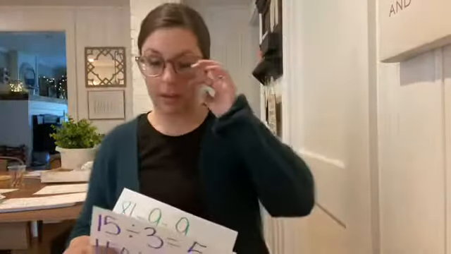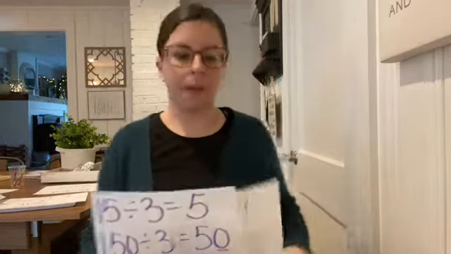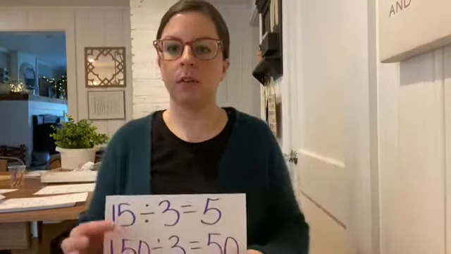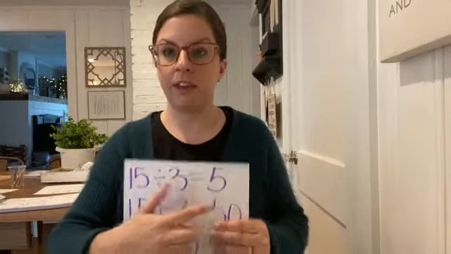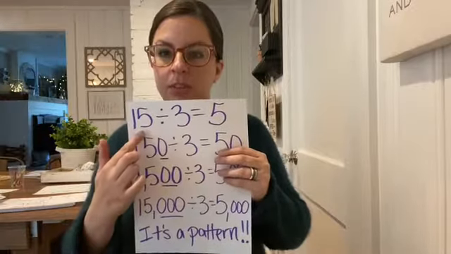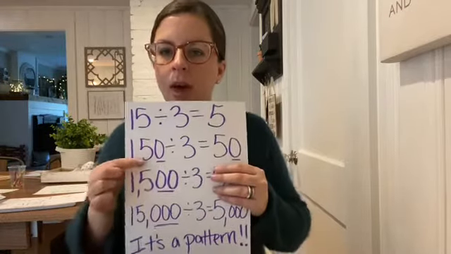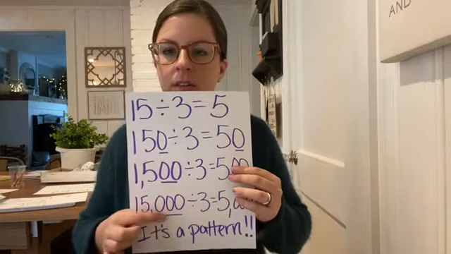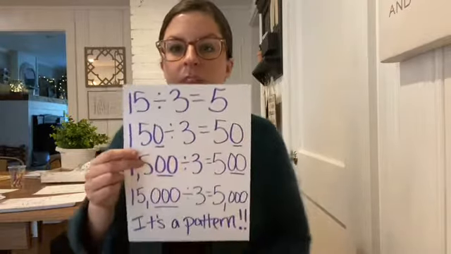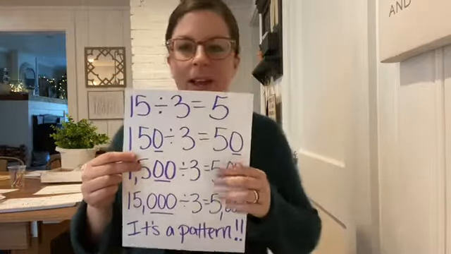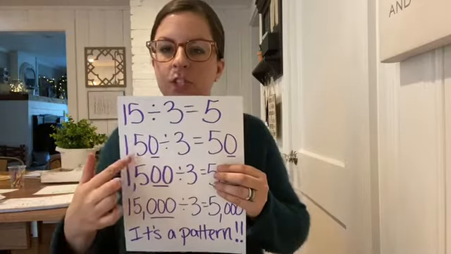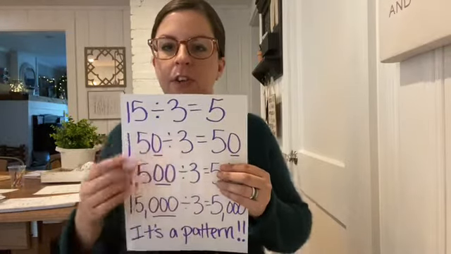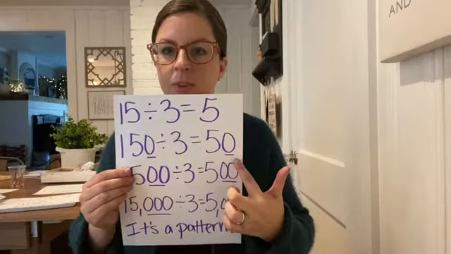I have the first set of problems under the activity written down. The first one, 15 divided by 3. 15 divided by 3 is 5, because look, 5 times 3 equals 15. Now I have the zeros underlined, so this is showing you that it's a pattern. 15 divided by 3 equals 5, then 150, which is just 15 with a 0, divided by 3 is going to be 50, 5 with a 0.